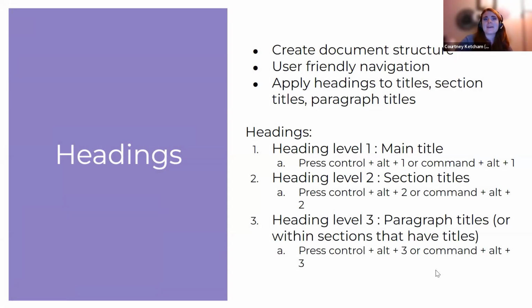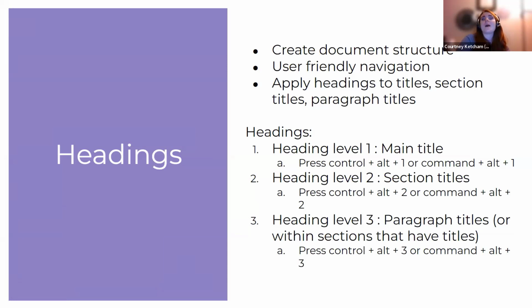Just as a recap, again, headings create document structure. They provide user-friendly navigation through your document. And again, you'll want to apply headings to main titles, section titles, and paragraph titles within your document. Keep in mind that there are keyboard shortcuts that are easy for anyone who utilizes a keyboard in order to move around documents and to create certain things.